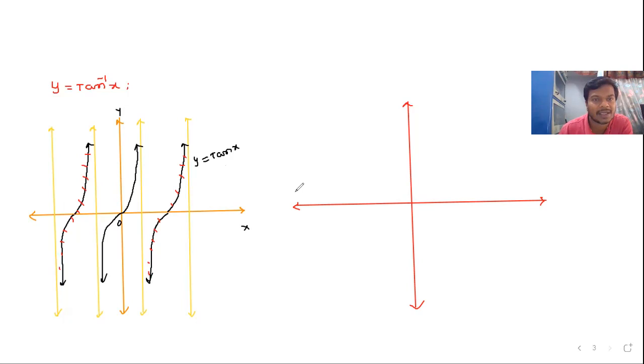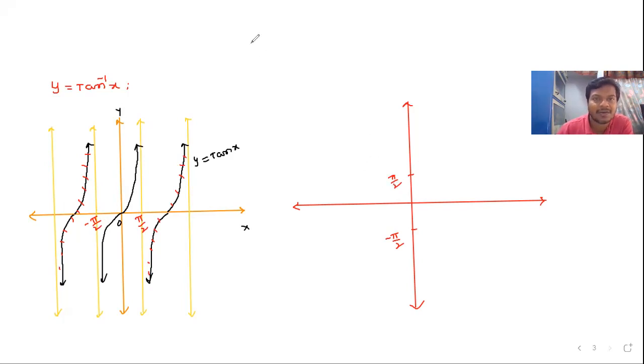Neglect all remaining right parts and left parts. Clearly, it is bijective function, right? And here it is pi by 2. This is minus pi by 2. So that here we get minus pi by 2 and pi by 2.